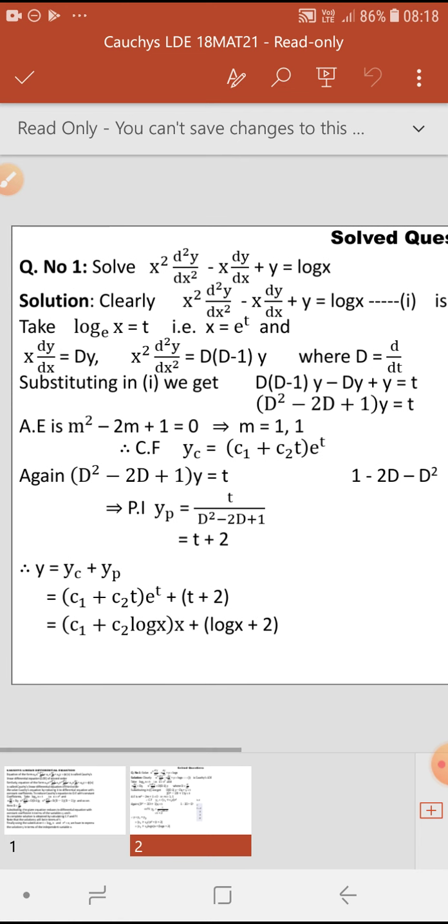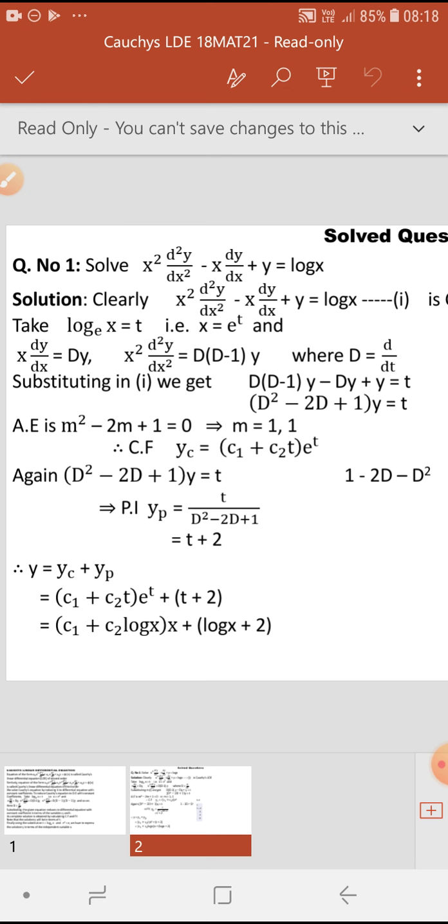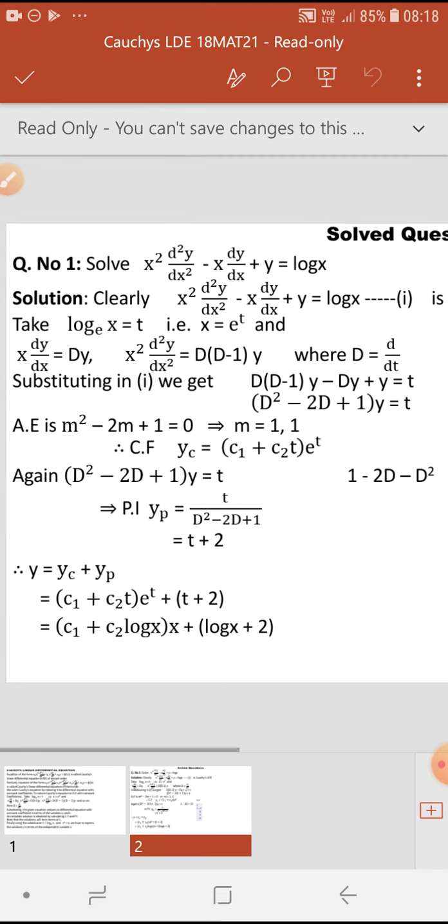After these substitutions in the given equation, we get the equation as capital letter D square minus 2D plus 1 into y equal to t. Now this is a differential equation with constant coefficient.